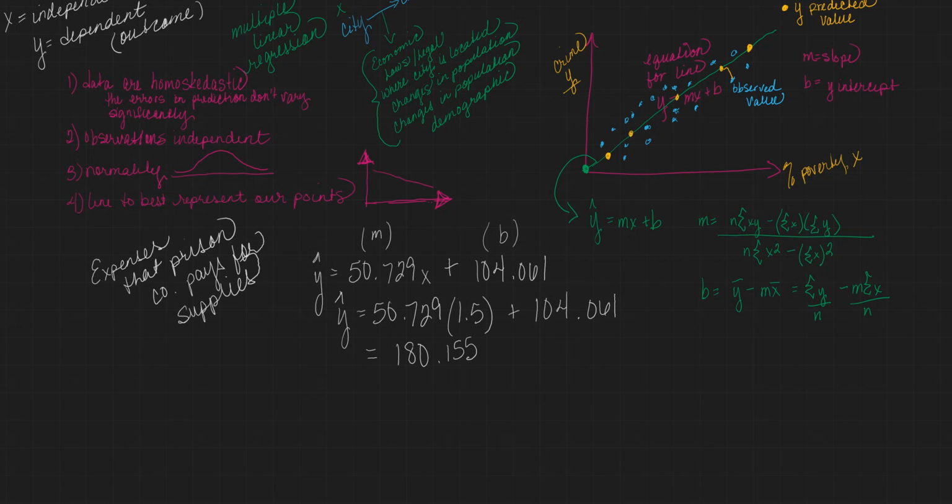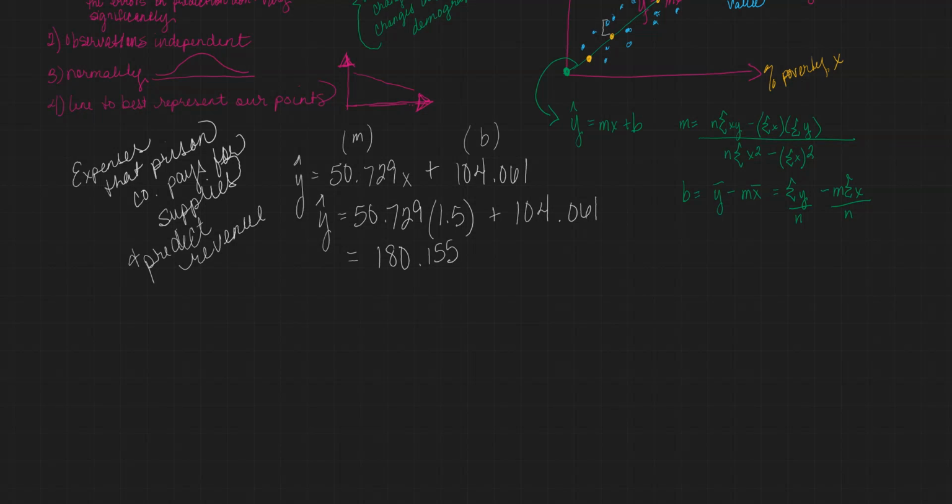Now, we're really interested in making sure, though, that all this error between the observed and the predicted isn't so great that we're just making stuff up. So we want to be able to calculate the standard error of our estimate. The standard error of the estimate is noted as a lowercase s with a subscript e.